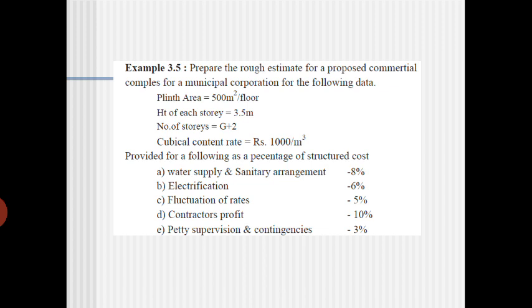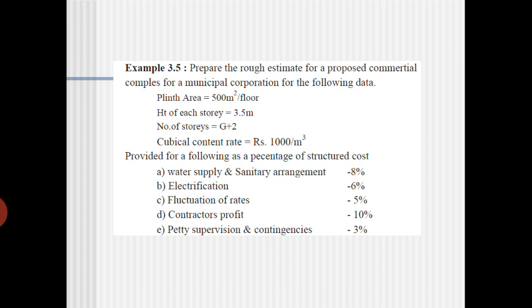They have given the plinth area of 500 square meter, and the height of each storey is 3.5 meter. The number of storeys is G plus 2, meaning the ground floor, the first floor and the second floor.